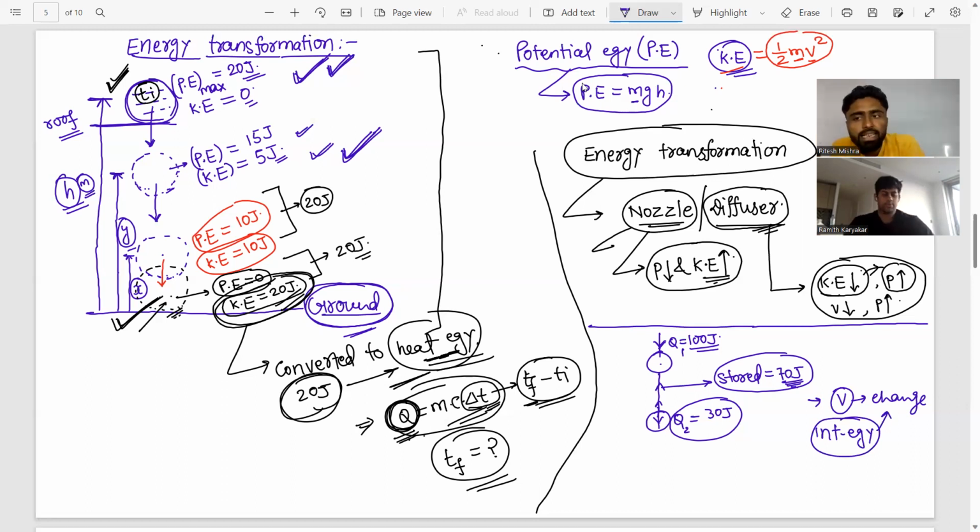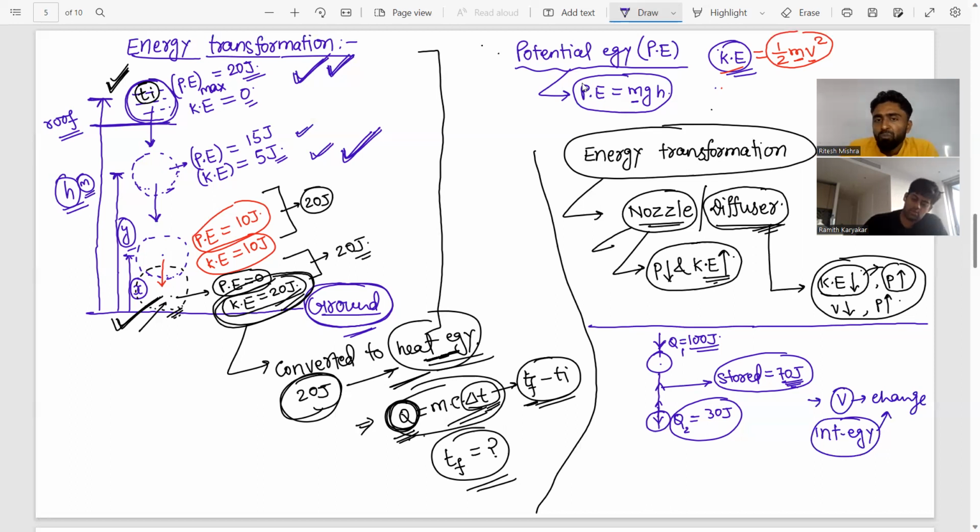Then we can easily say that our properties are changed due to this. So this is the effect on properties. My dear, this is the daily life example. Now I am giving a technical example of this.